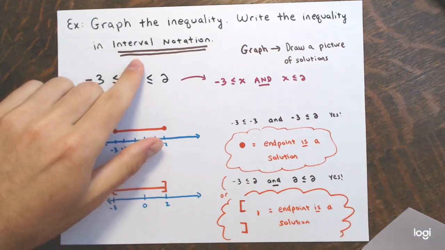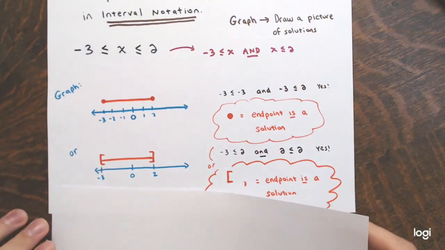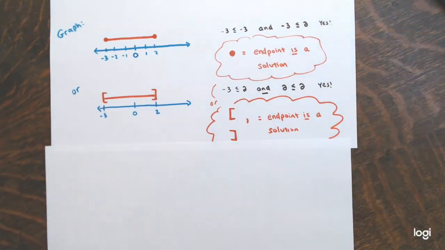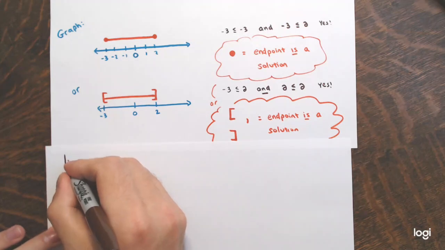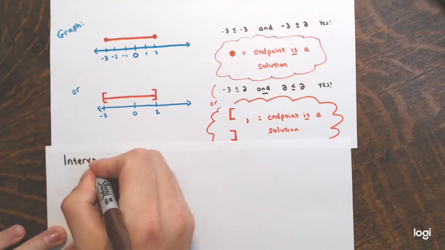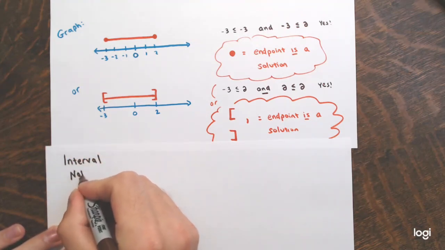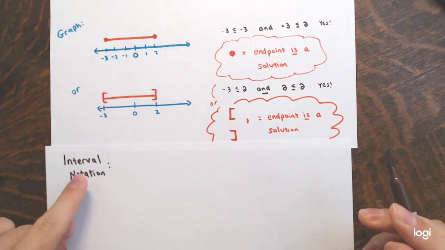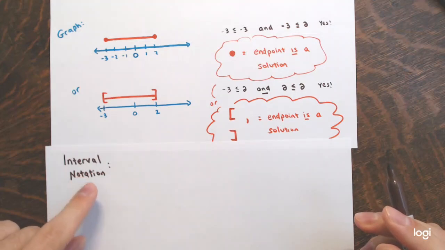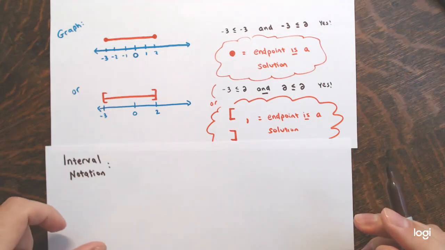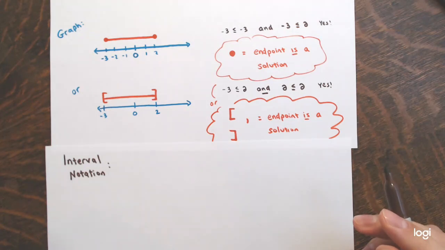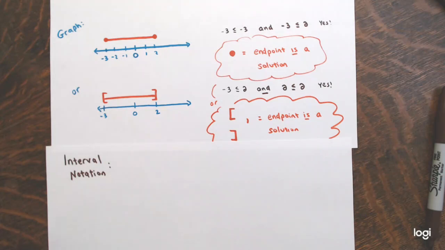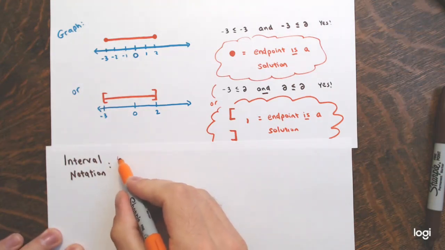Now I'm going to write this inequality in what's called interval notation. Interval notation is just a way to represent an interval of numbers, a range of numbers on a number line.